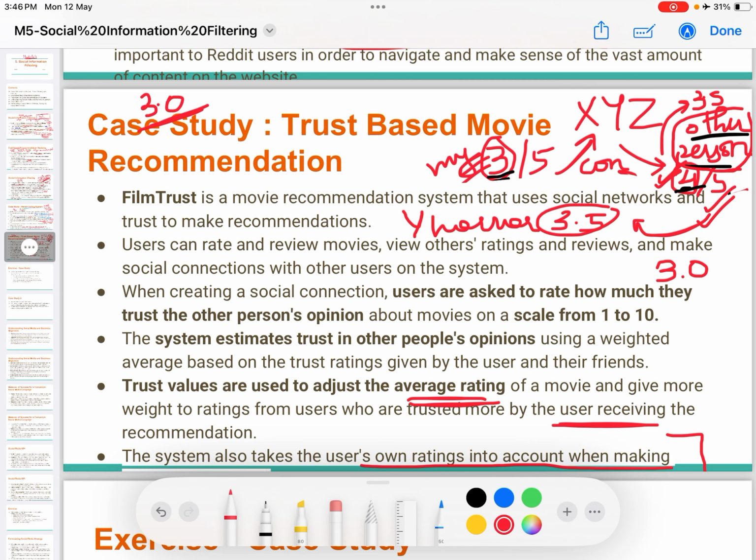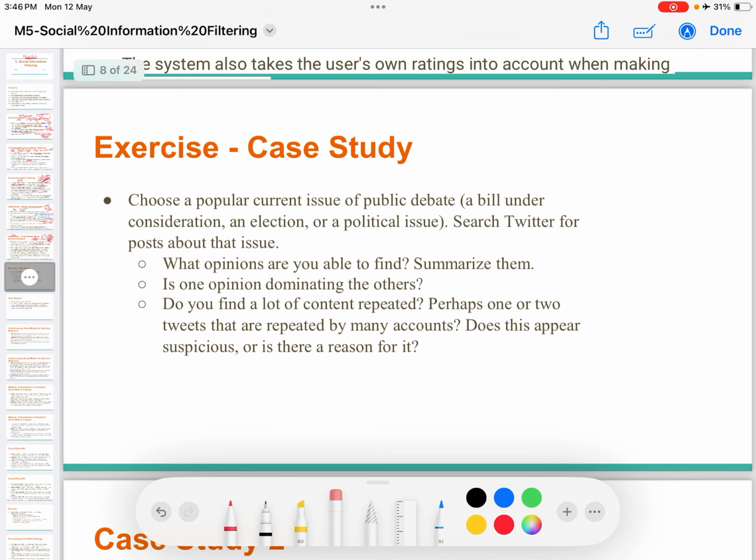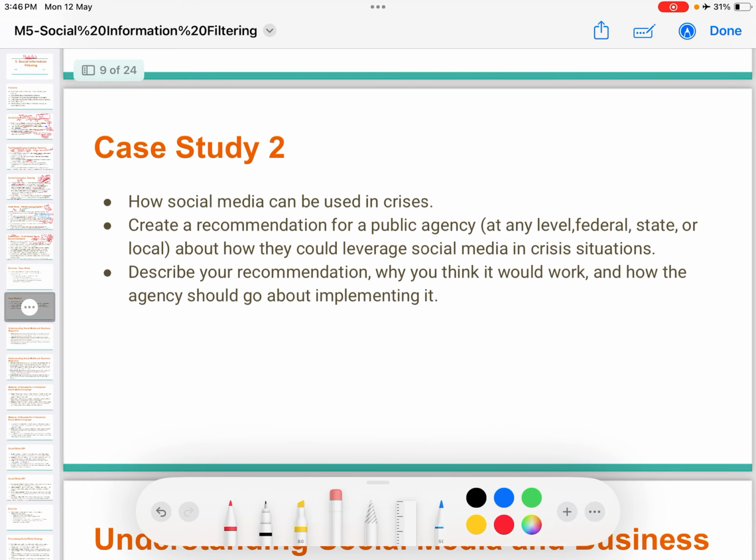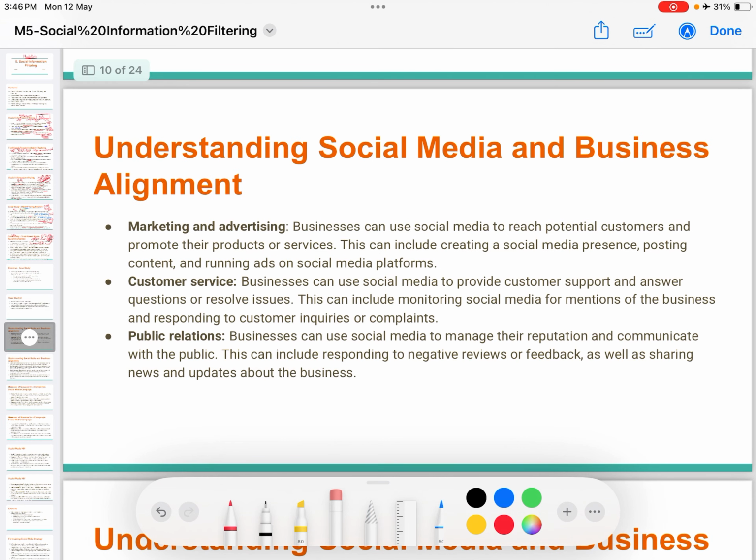Then in the next cycle, my rating will be taken into account, the other person's rating will be taken into account, and I will be recommended a movie. This way the recommendation happens based on trust shown in someone else. This exercise we will do in a separate video.